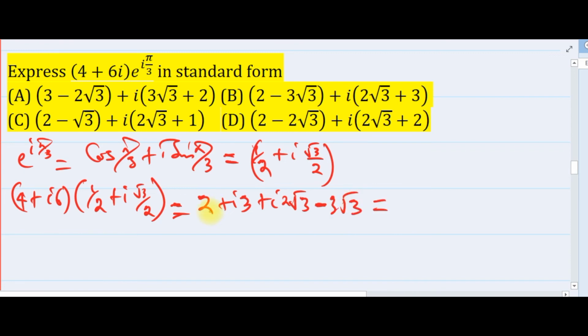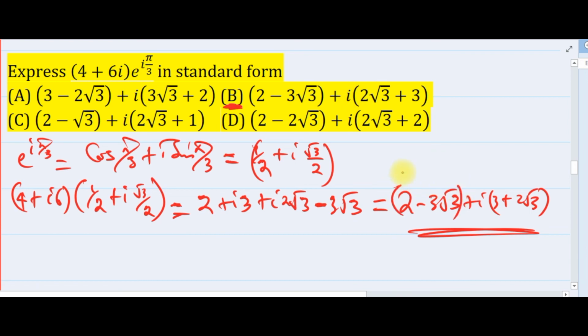Which is now 2 minus 3 root 3 as our real part, and finally plus i times 3 plus 2 root 3 as our imaginary part. So this is our real part. The answer is 3, 2 root 3. So the answer is B.